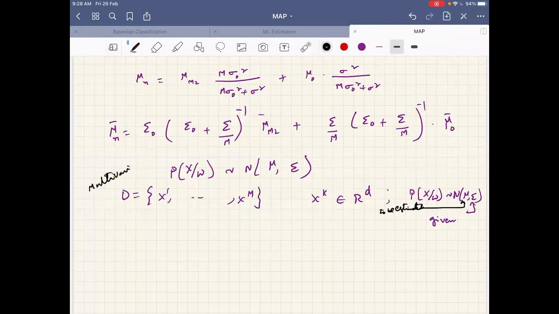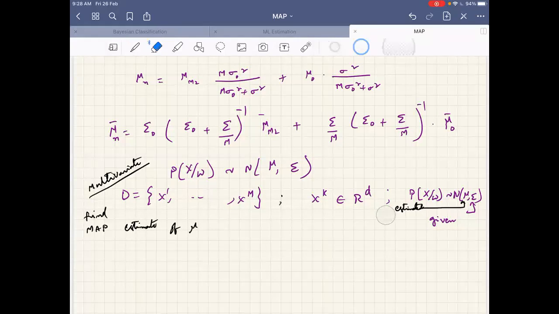If I ask you to find the MAP estimate of this mu, where do we start?